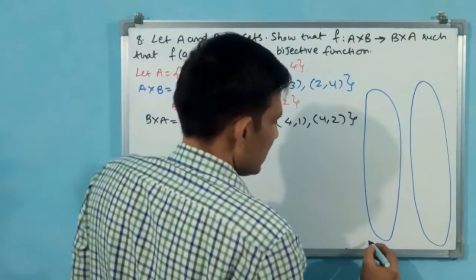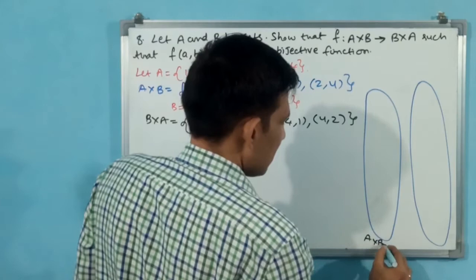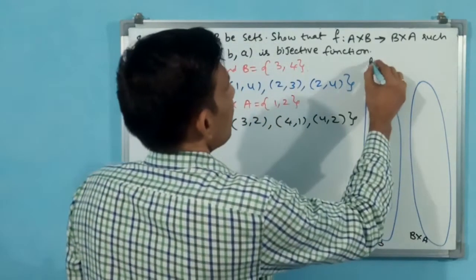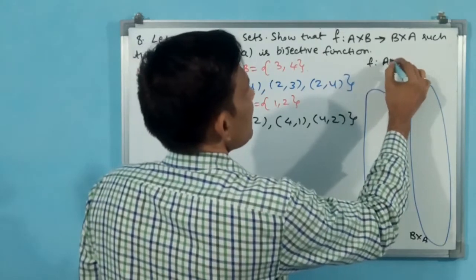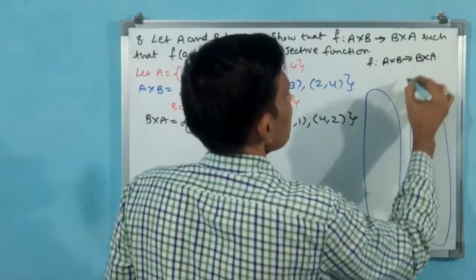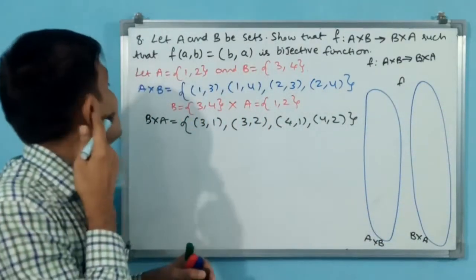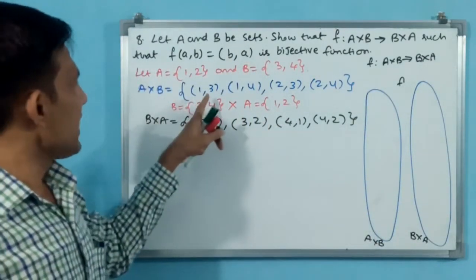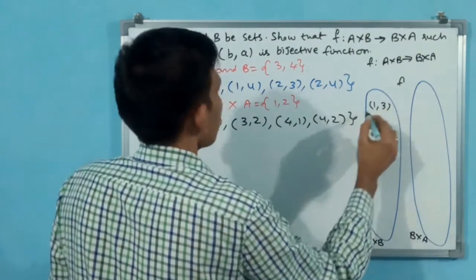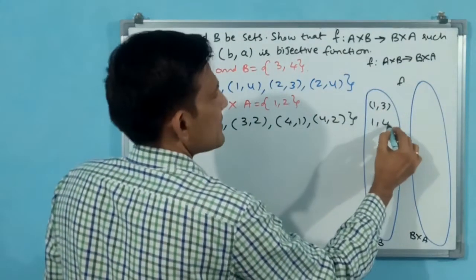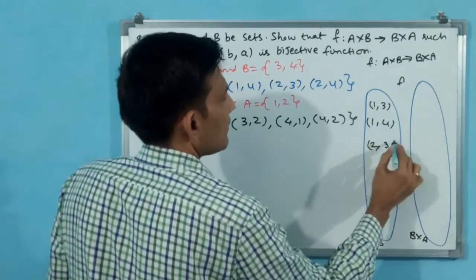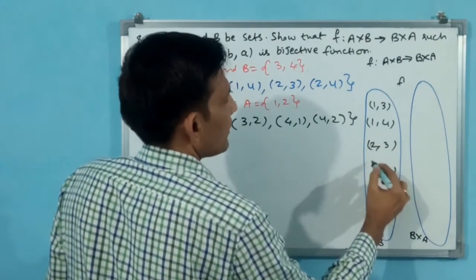This is A cross B. This is B cross A. The function is between A cross B to B cross A. Now A cross B has (1, 3), (1, 4), (2, 3), (2, 4).